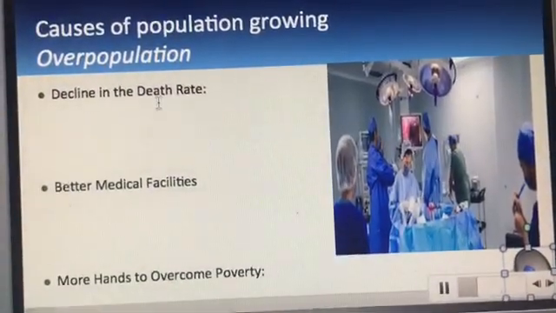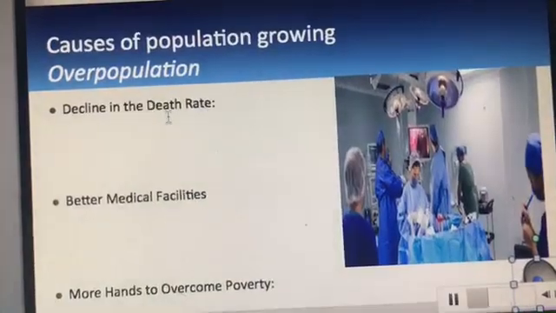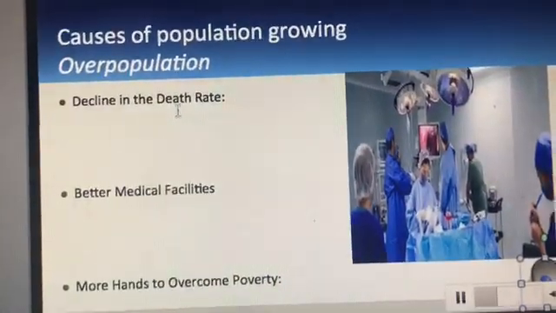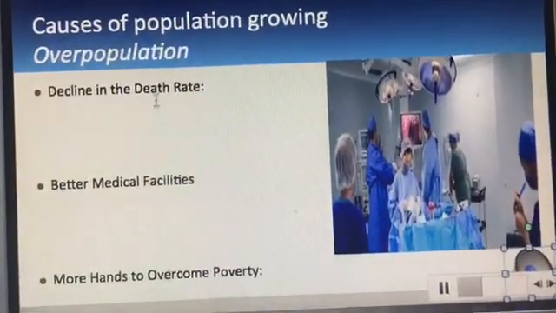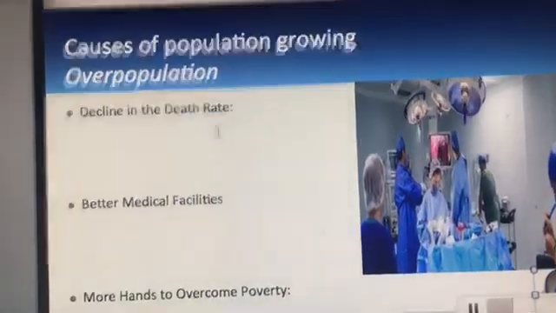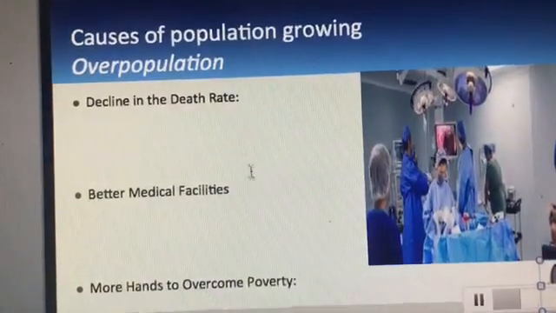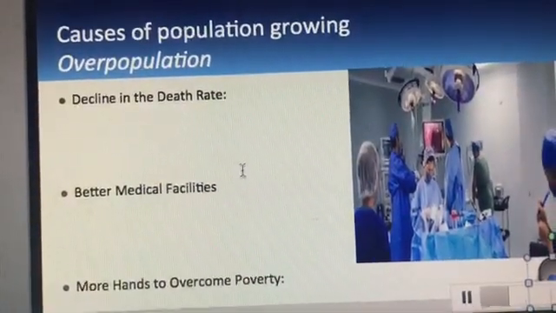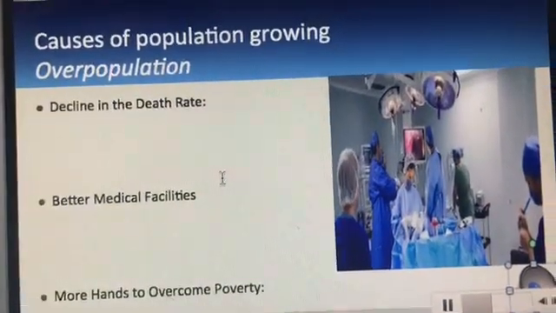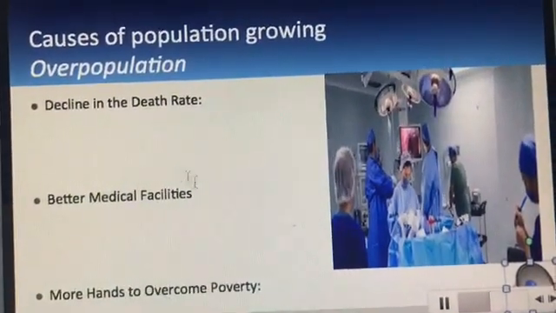Overpopulation is caused by a number of different factors. One of them is the declining of the death rate. That means that many people are not dying as much as before, and that's mostly because of better medical facilities.